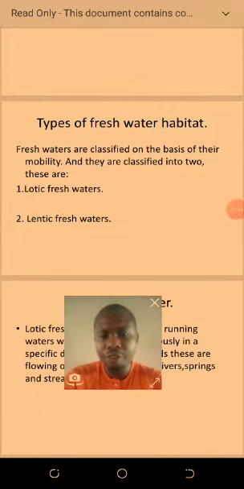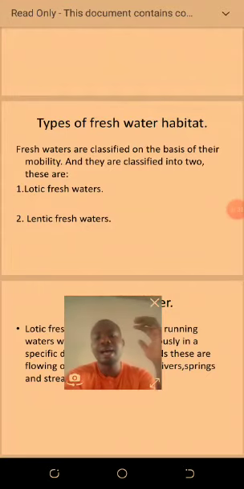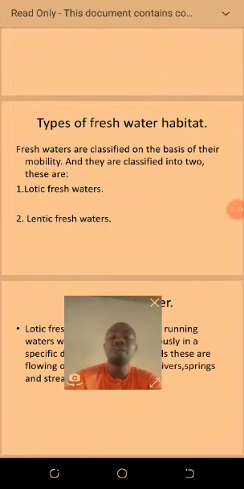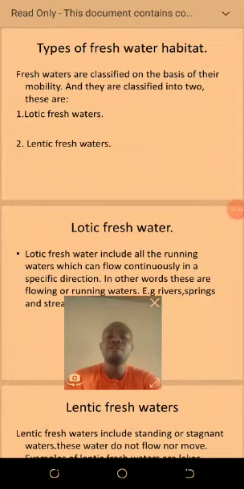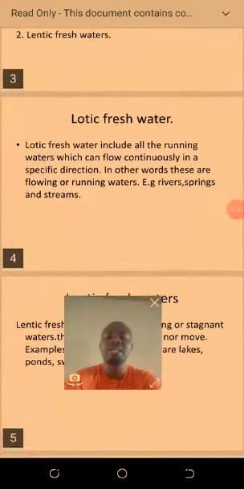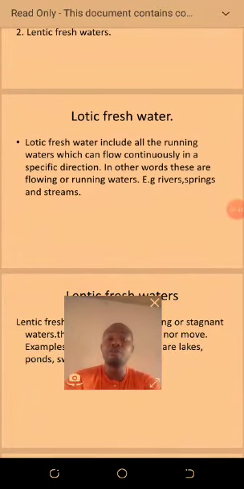Now let's look at the types of freshwater habitat. We have two major types. The first one is the lotic freshwater habitat. The second one is the lentic freshwater habitat. Lotic freshwater habitat includes all the running water which flows continuously in a specific direction.